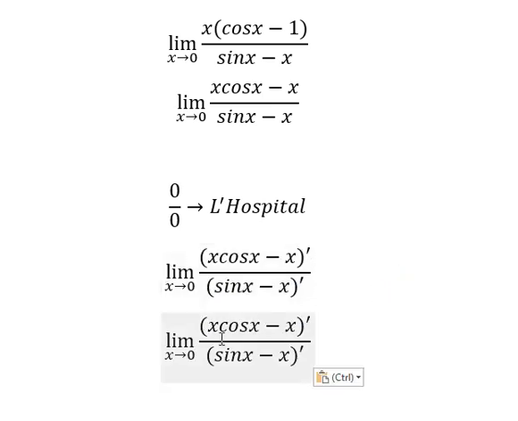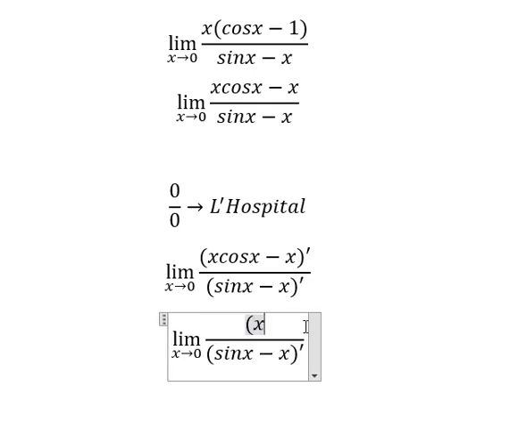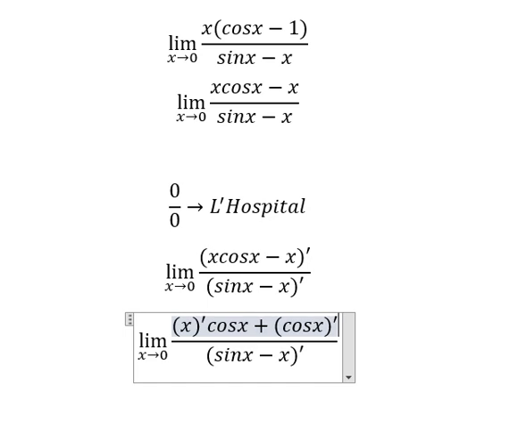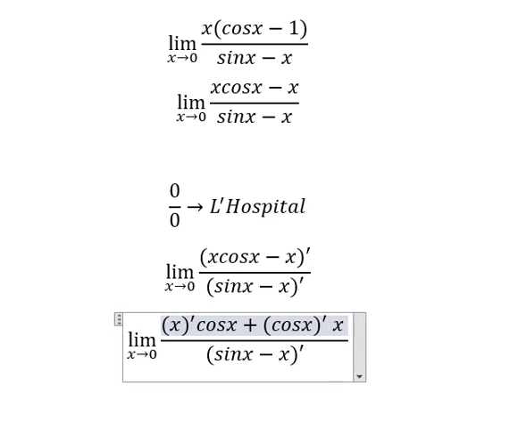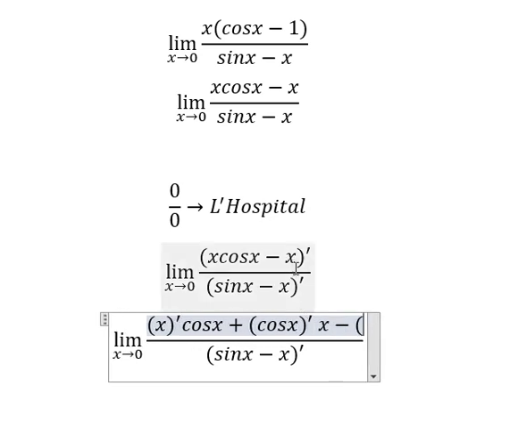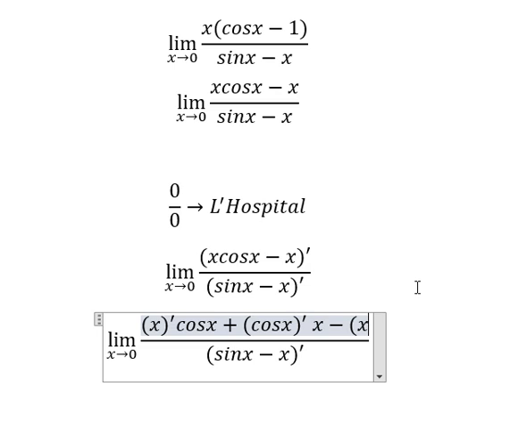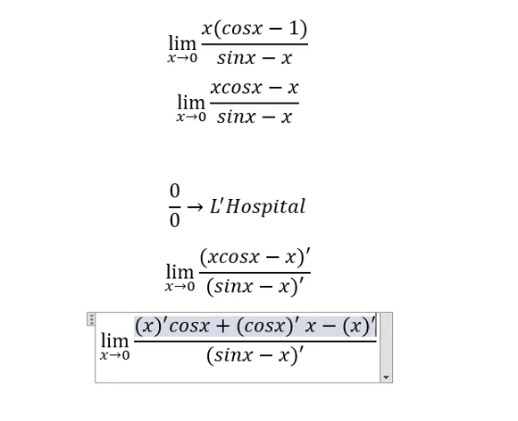So we need to do first the derivative of this one. So that should be like this. This one is for x. For this one we need to do sine x and x.